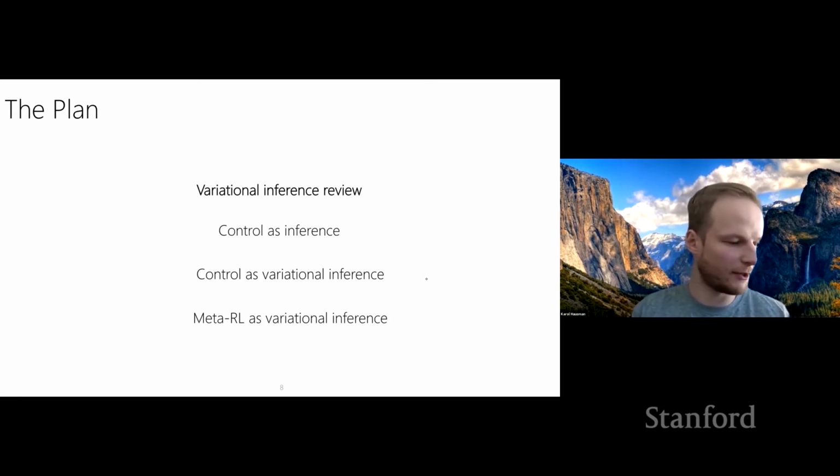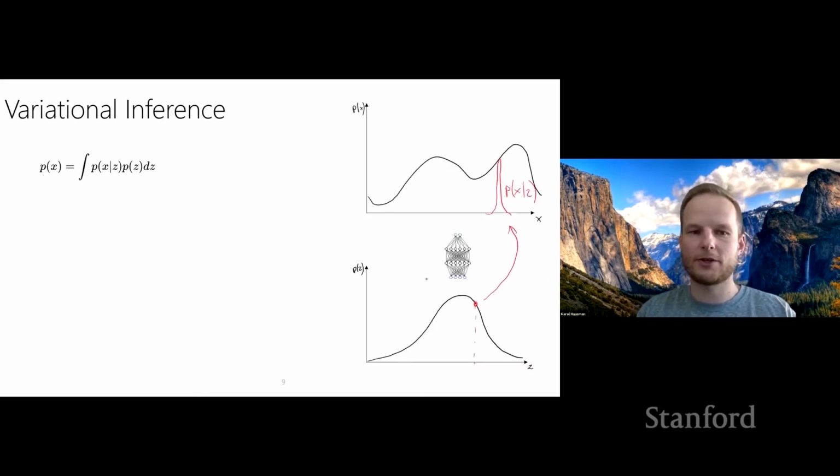Okay, so let's talk about variational inference. Variational inference is a tool that allows us to deal with these latent variable models. And just to repeat, what's the problem with the formulation that we have so far? Well, this p of z is just a simple normal distribution. That's a Gaussian. Gaussians are nice. We know how to deal with them.